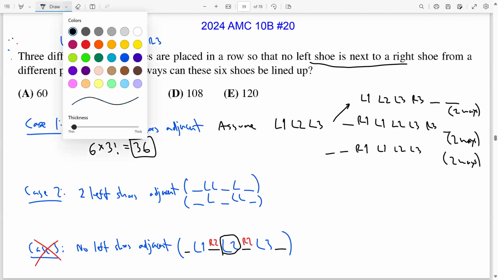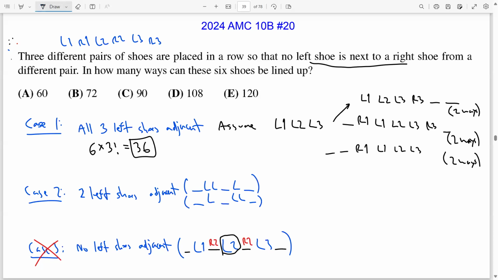So using this as motivation, we're going to assume again that the configuration is such that the L1 and L2 shoes are next to each other in that order, followed by one or more right shoes, followed by L3.